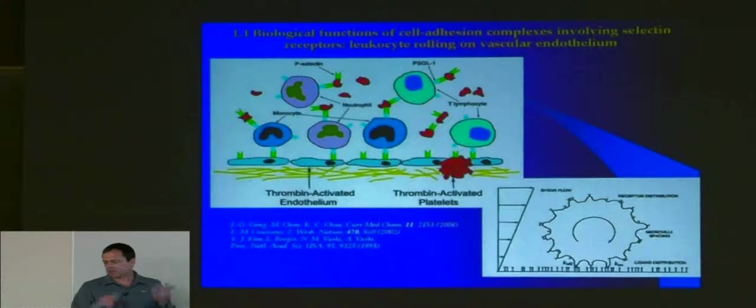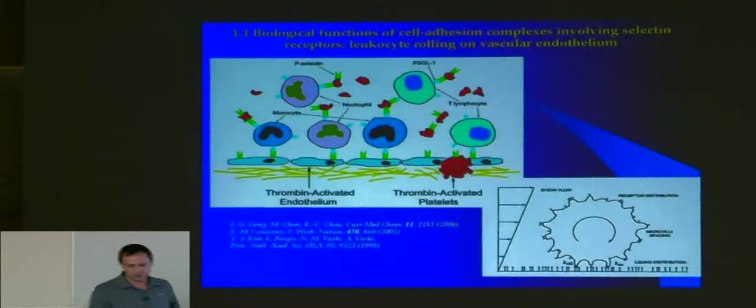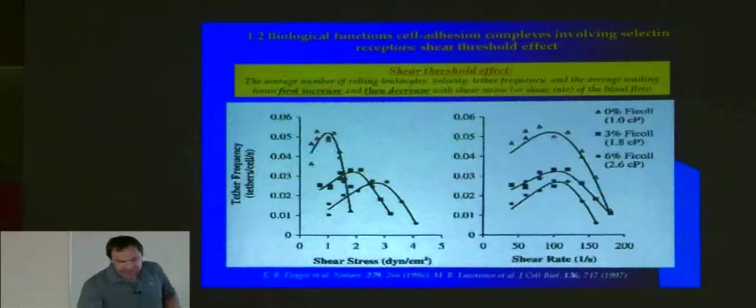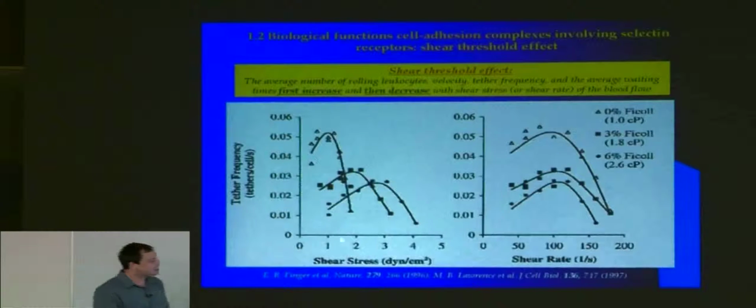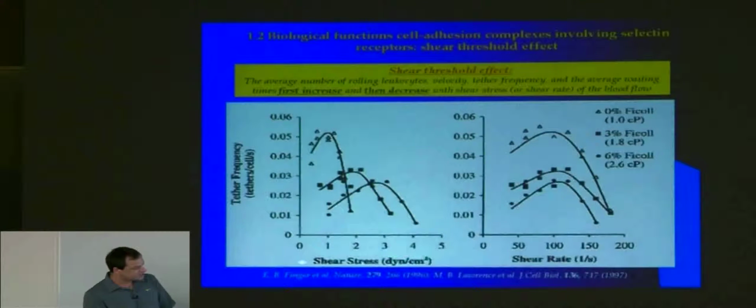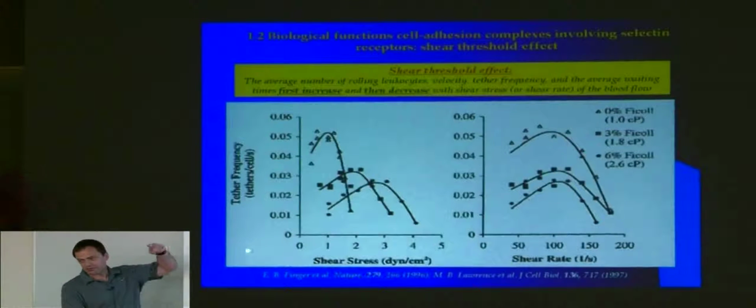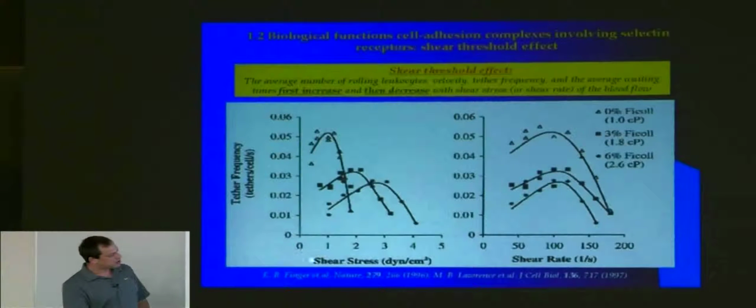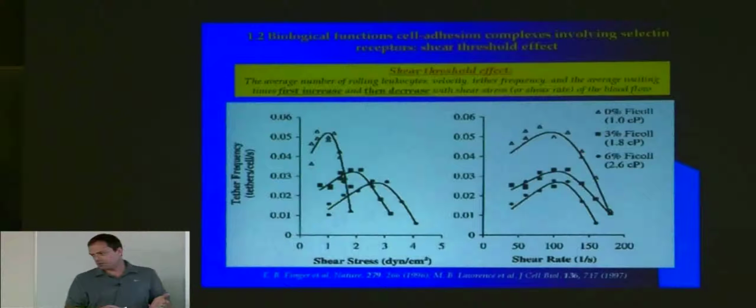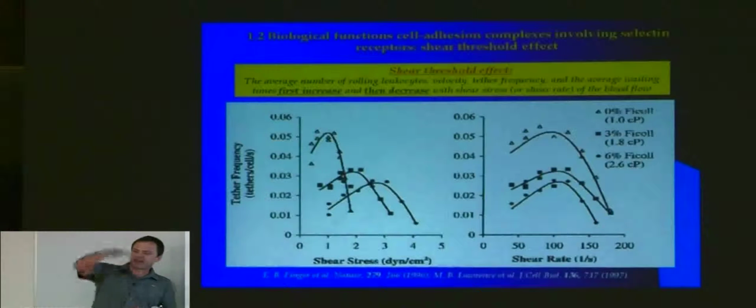And nobody can understand why they have shear threshold, okay? So shear threshold, for instance, if I'm looking at this graph, I have shear stress. You saw dynes per squared centimeter in that movie, remember? So if I plot velocity, or I plot tether frequency, or anything else, what I'll have is biphasic behavior.